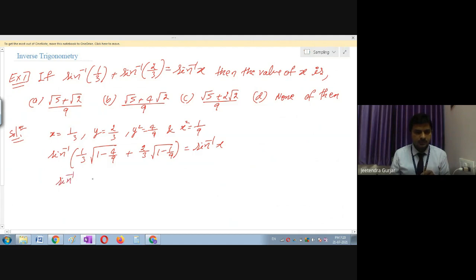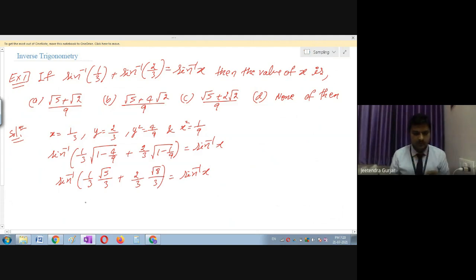Use the formula properly, it is just simplification. So this is 1 upon 3 square root of 5 upon 9, square root of 9 will become 3. So plus, take the LCM quickly, students. 9 minus 1 will become 8. So this is square root of 8 divided by square root of 9, which is 3. So I'll write directly 3. So this is sine inverse x.